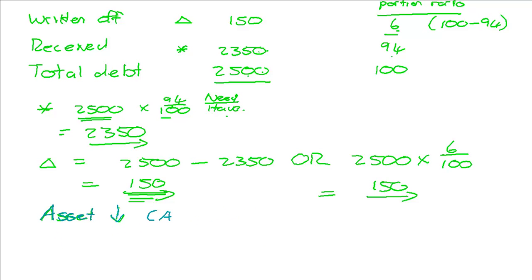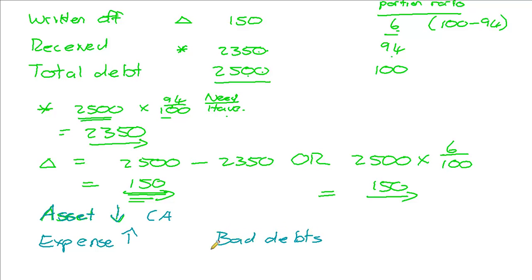Now, whenever we are losing an asset or using an asset, we need to record an expense. So the expense is going to increase here because we're effectively losing this asset, which was a debtor. So we're losing 150 Rand of our debtors. And the account that we're going to use is specifically called bad debts.